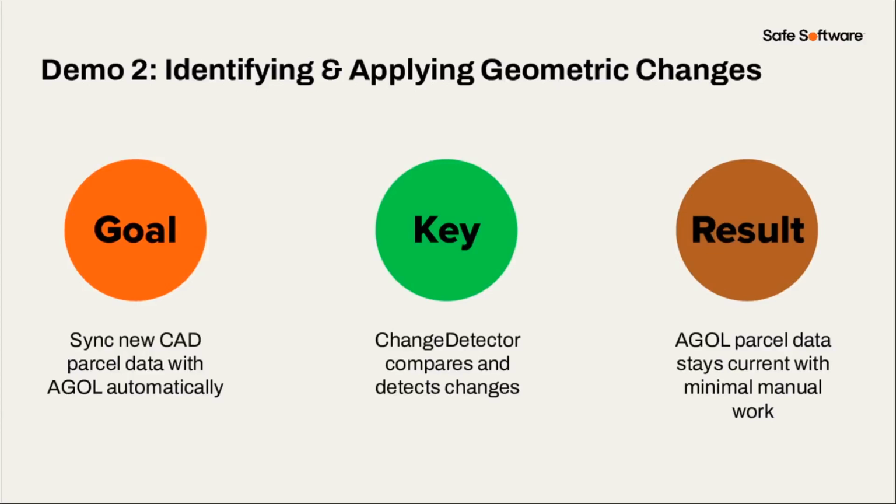The key here is to detect changes with tolerance, align schema names, and write only updated features to AGO. The result is to have the AGO parcel data accurately updated with new subdivisions and edits. The process is spatially accurate, reduces overhead for the team, and ensures the data source stays in sync with submitted plans. So now let's head over to the demo.